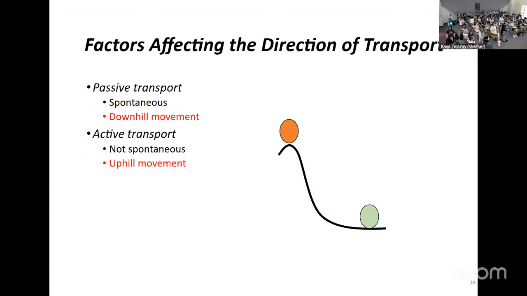So when we talk about passive transport, passive meaning not active, right? Not doing anything that involves energy. It's going to be a spontaneous process, meaning it's going to happen without the addition of energy. And we're often going to be describing passive transport as moving down a gradient. So when you're thinking passive transport, you're thinking gradients, you're literally thinking of a ball rolling down a hill.